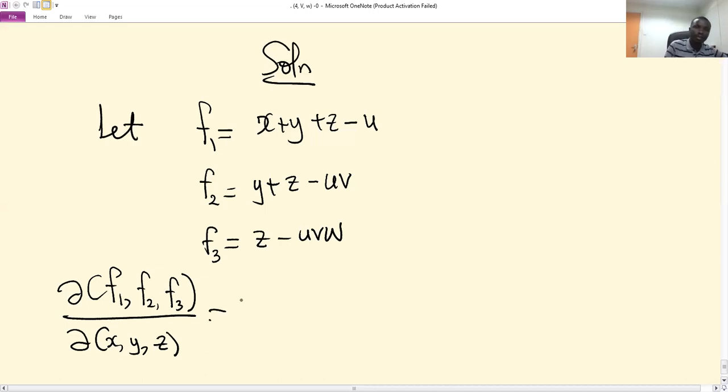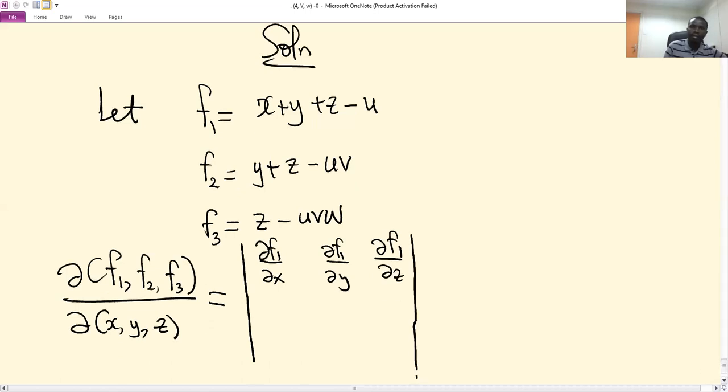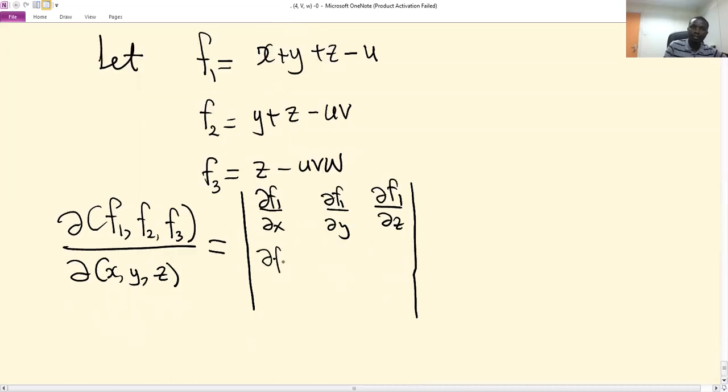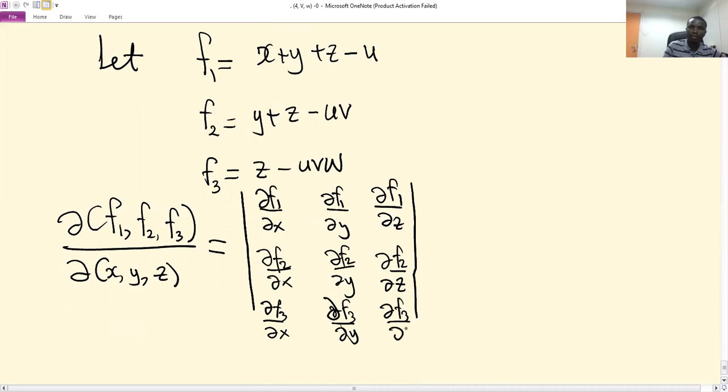By definition, this is the determinant: partial f1 partial x, partial f1 partial y, partial f1 partial z, then partial f2 partial x, partial f2 partial y, partial f2 partial z, partial f3 partial x, partial f3 partial y, partial f3 partial z.